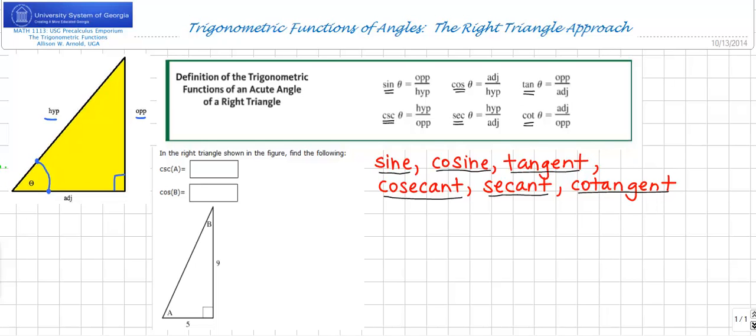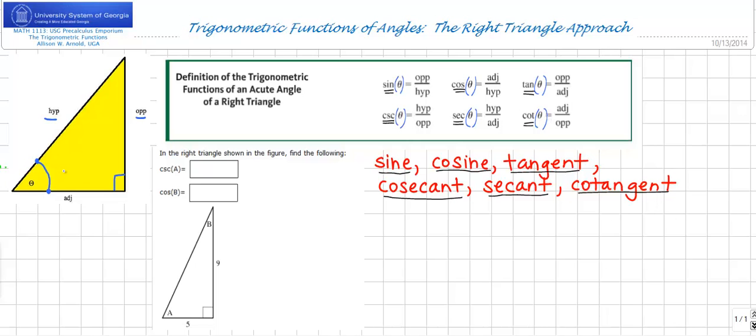And then of course we're calling upon the sine of an angle, cosine of an angle, tan of an angle, cosecant of an angle, secant of an angle, and cotangent of an angle. And we've assigned the 6 unique ratios.